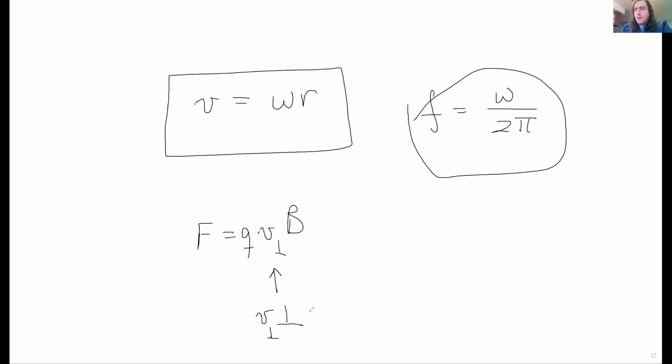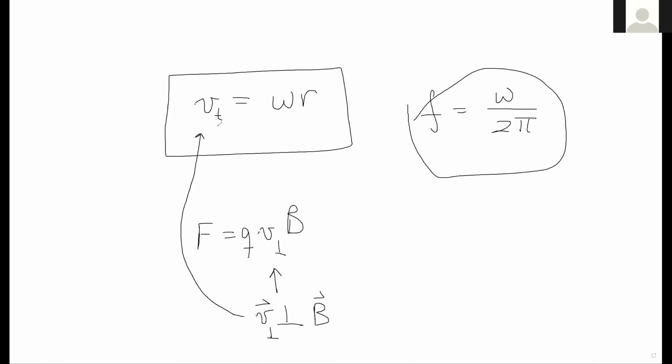So V perpendicular is perpendicular to the magnetic field. Here we would probably say tangential velocity. I should say tangential speed because I'm not writing it as a vector. But the magnitude of V perpendicular is the same as the magnitude of V tangential.